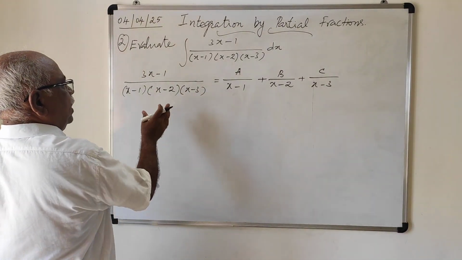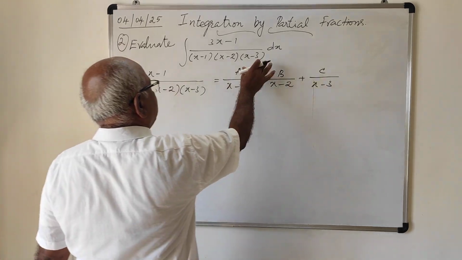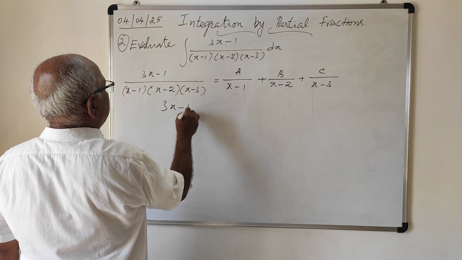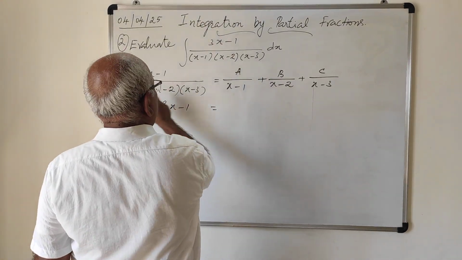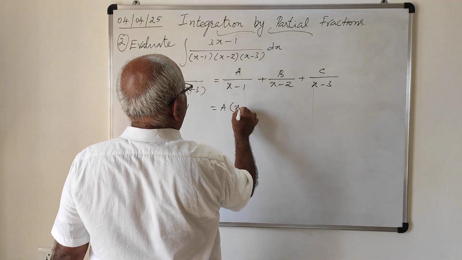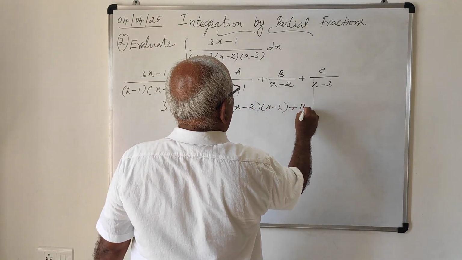By the principle of LCM, you bring the entire denominator to the right hand side and multiply in the numerator. You will get 3x minus 1 equal to, for the first term, x minus 1 cancels, so you get a into x minus 2 into x minus 3. This is the method of partial fractions, you know.